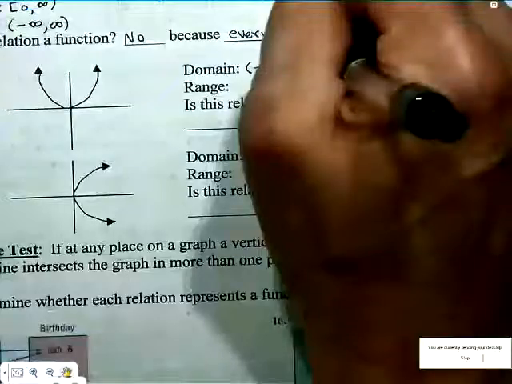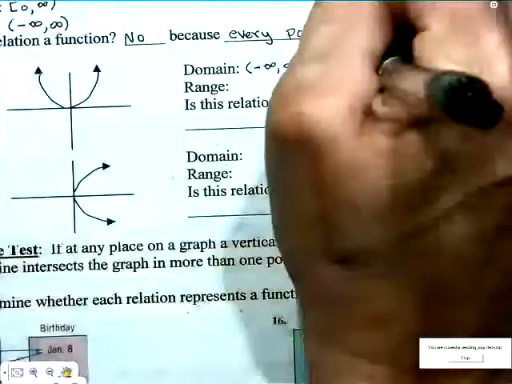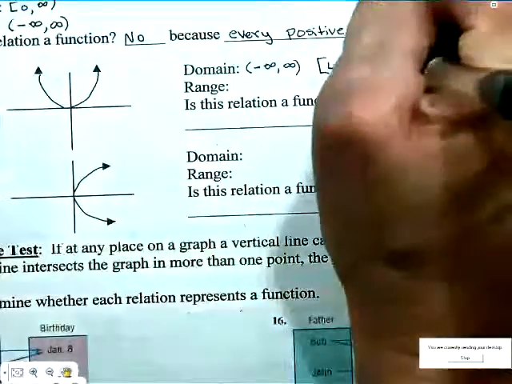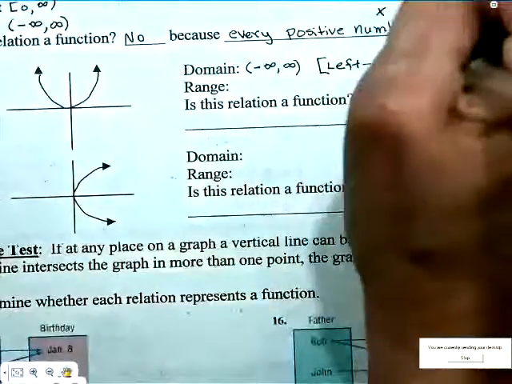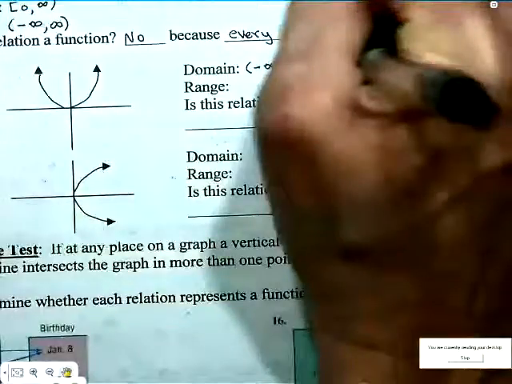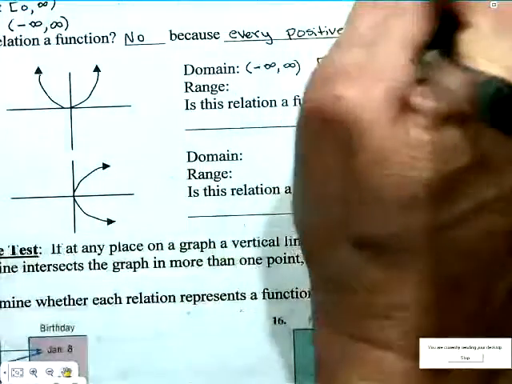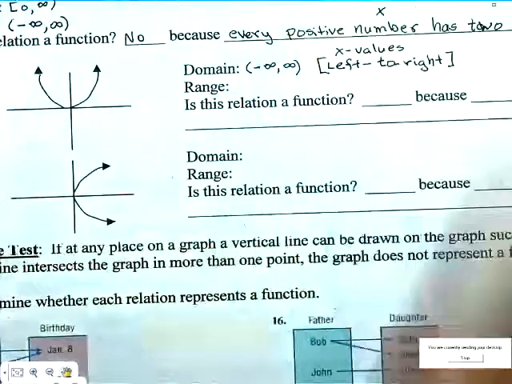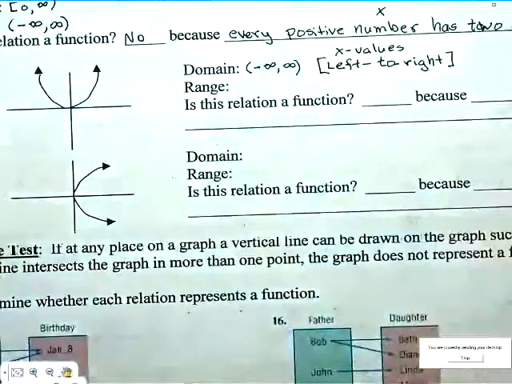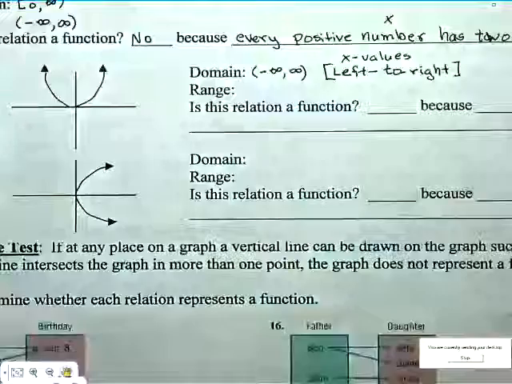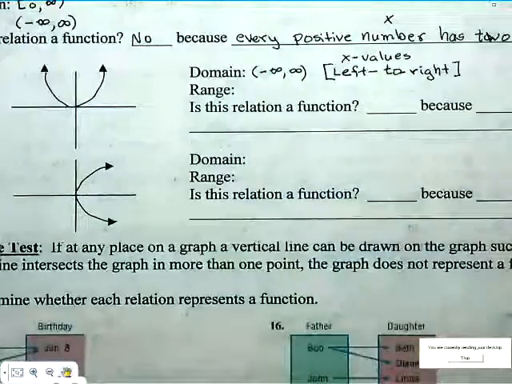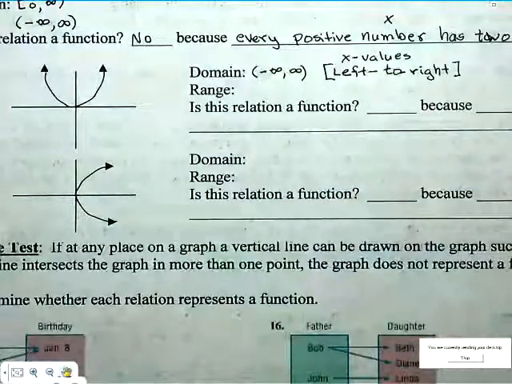And when you're looking at a graph and ask for the domain, just give the x values left to right. If that graph goes forever to the left, forever to the right, then its domain is going to be negative infinity to infinity.